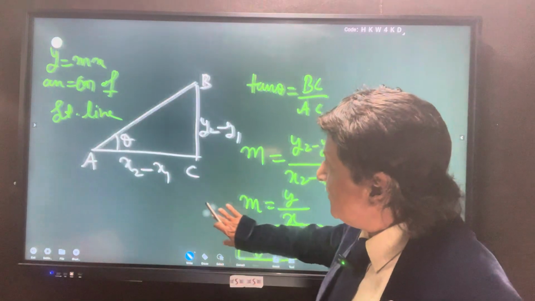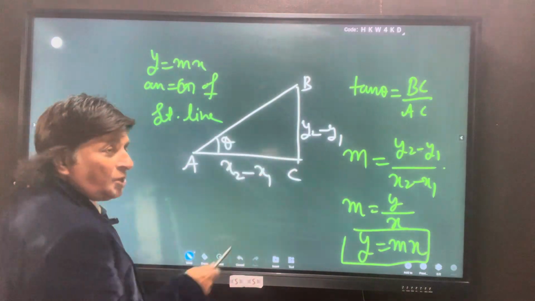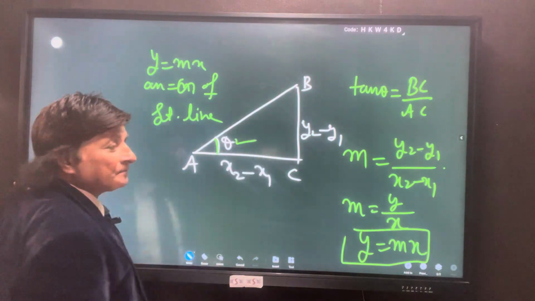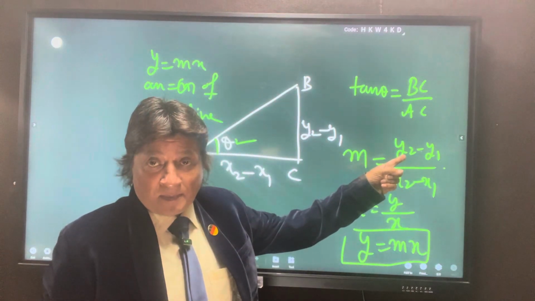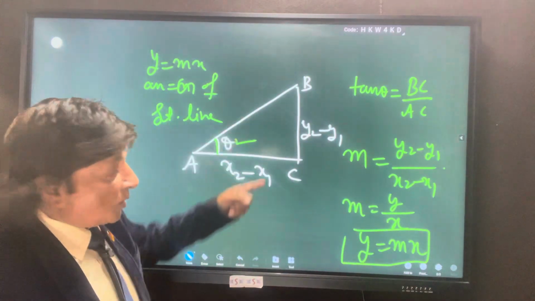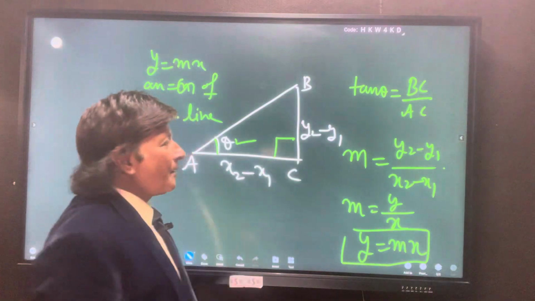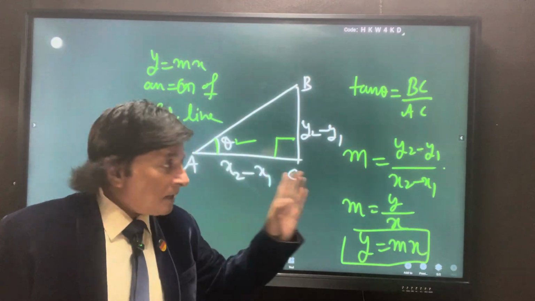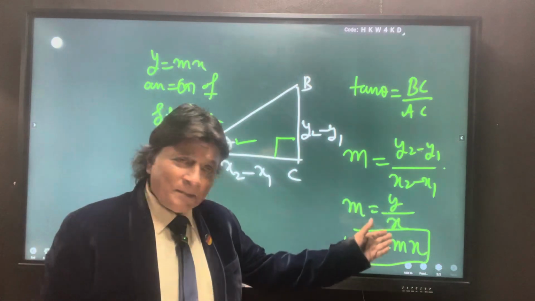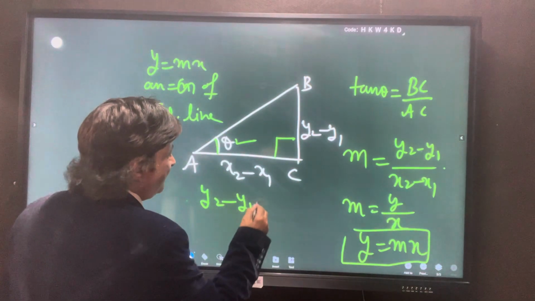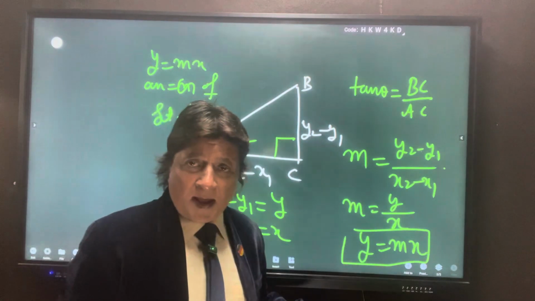Now we take the triangle. Which triangle did we take? We took triangle ACB, or ABC. What angle is formed here? Theta. So what is tangent theta? That is perpendicular upon base. Base is AC, perpendicular is BC. BC, tan theta is slope m. BC is y2 minus y1, AC is x2 minus x1. y2 minus y1 is y, x2 minus x1 is x. m is equal to y upon x.